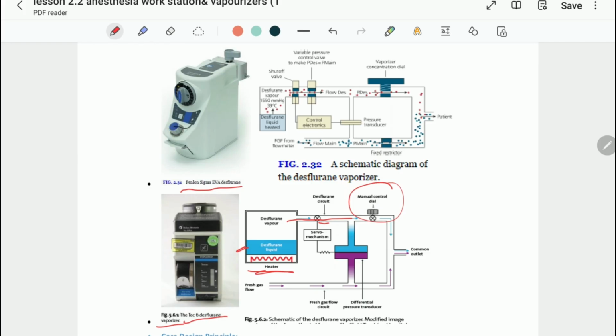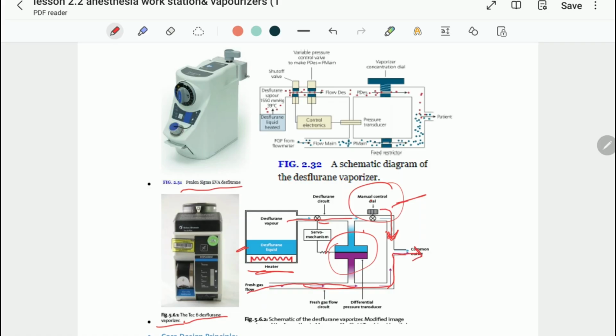There is a manual control dial which will set the concentration, and then the fresh gas flow will come in the circuit. There is a differential pressure transducer which will check the pressure, and the manual control dial will directly inject the desired vapors into the fresh gas flow.